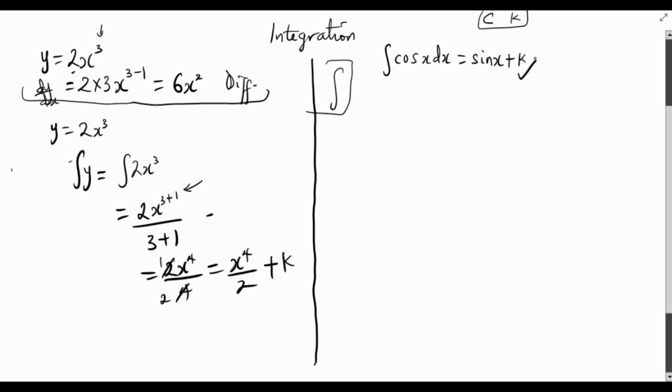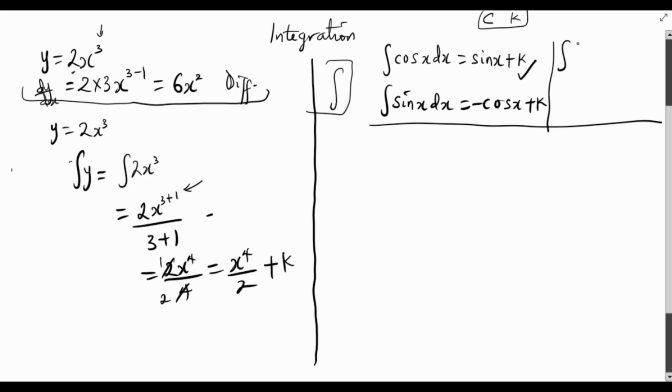These are already stated facts that when you integrate cos x, it's going to give you sine x plus k. If you integrate sine x dx, it's going to give you negative cos x plus k. Alright, so I'm just going to keep this here. This is not all. If you integrate 1 over x dx, it's going to give you what we call ln x.